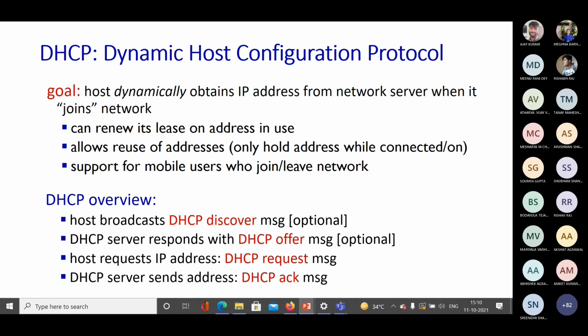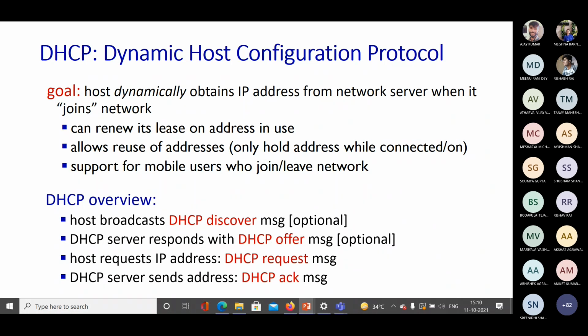So let us see how it works out. First, the host will broadcast the DHCP discover message. Then the DHCP server will respond with a DHCP offer message. That means the server is offering the host an IP address. Then the host, after receiving this offer from the server, checks whether this offer is acceptable to it or not, and then it requests the IP address from the server.